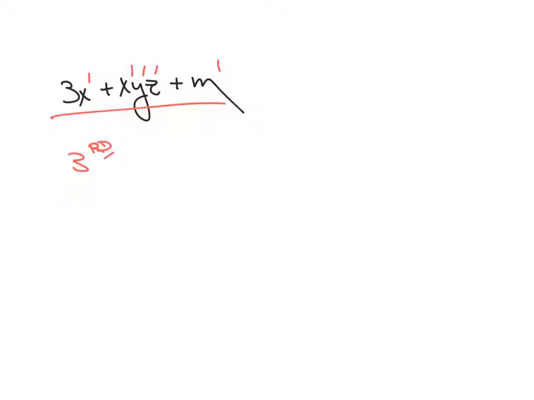So if I have 4x to the 5th plus yx cubed plus 2x squared plus 2, the degree of this polynomial is 5. That's pretty much it. And normally when we write our polynomials, we write them in descending order of one of the variables.